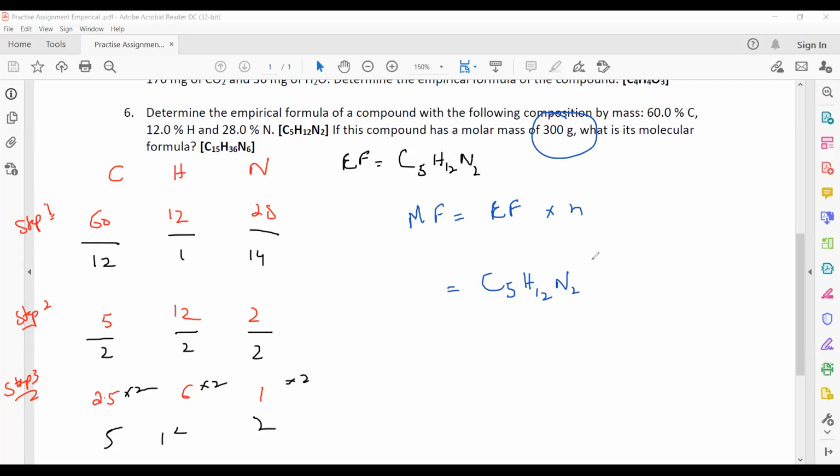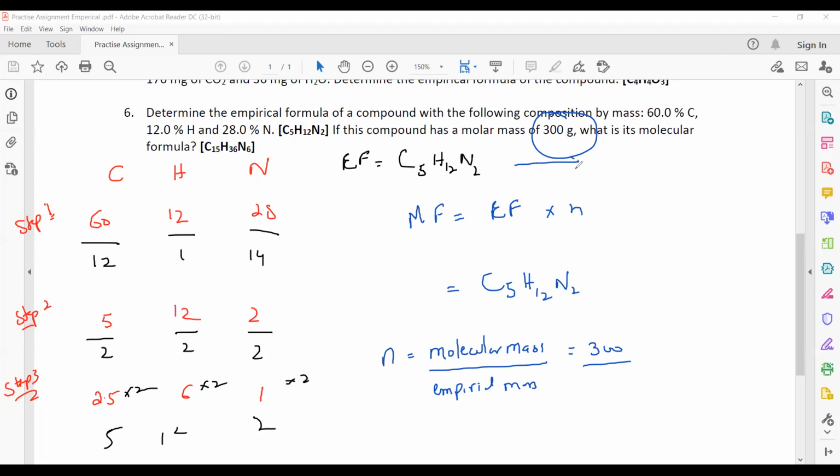How to get the value of n? The value of n is equal to molecular mass divided by empirical mass. The molecular mass is 300. But what about empirical mass? We can find empirical mass from the empirical formula.